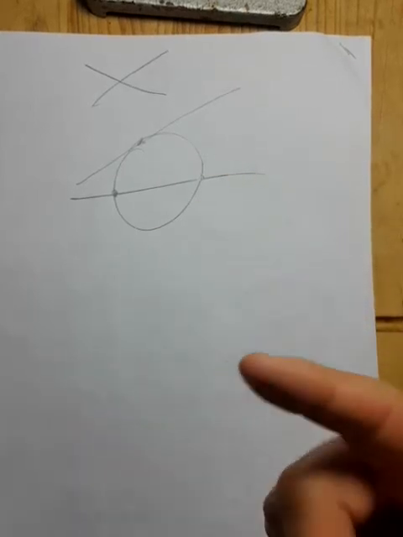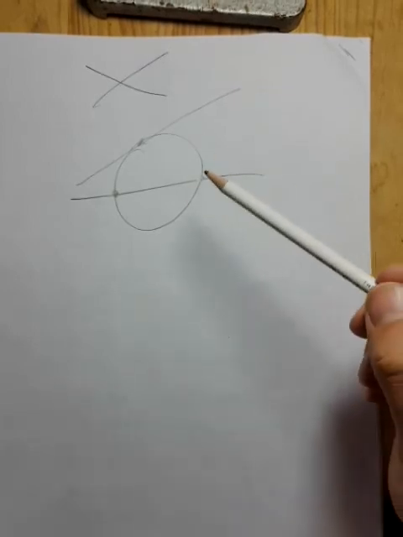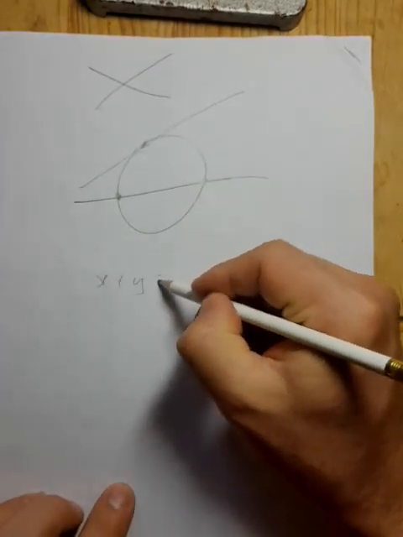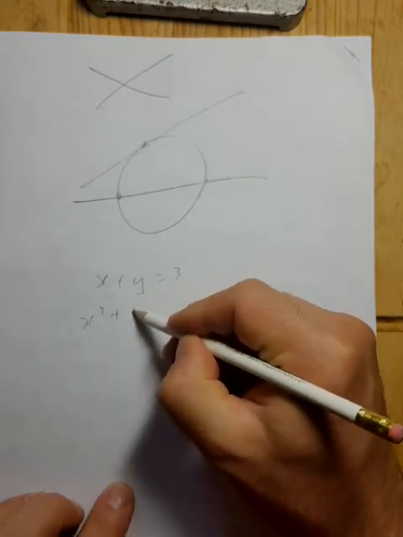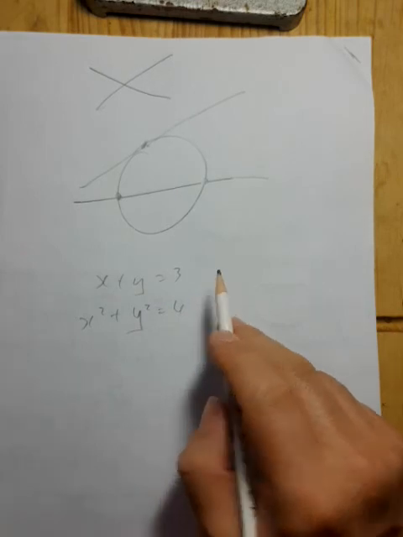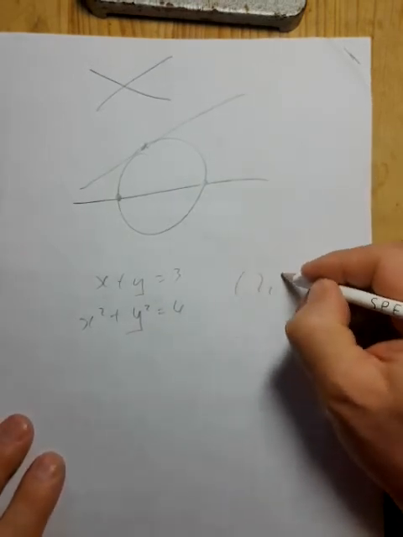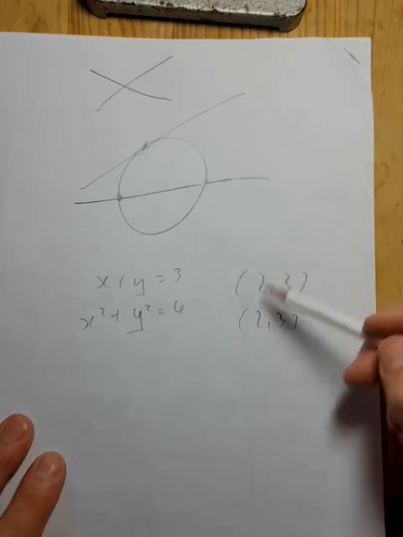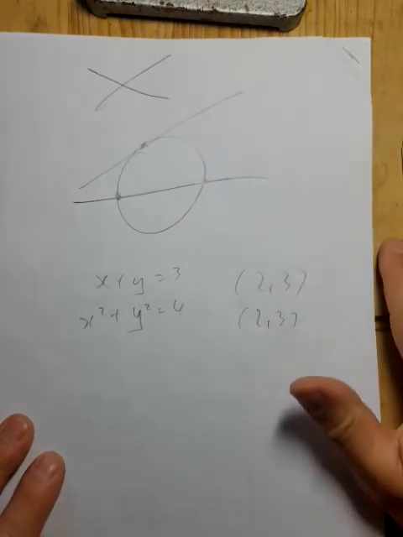So if you've got an x squared, a y squared, and a number, and then a linear equation, and you only got one value, or rather you got the same value twice, then that means it was a tangent.